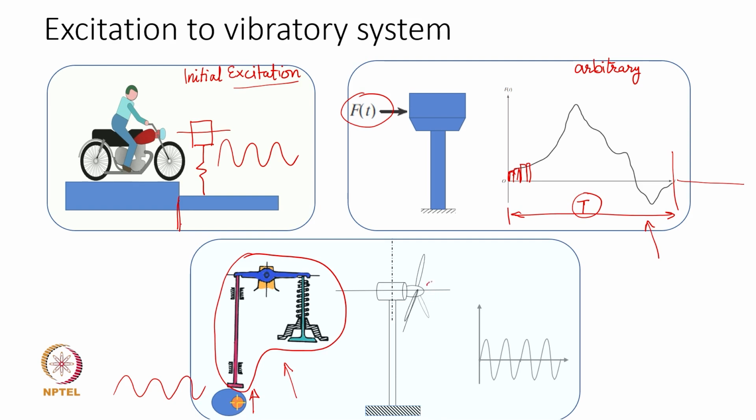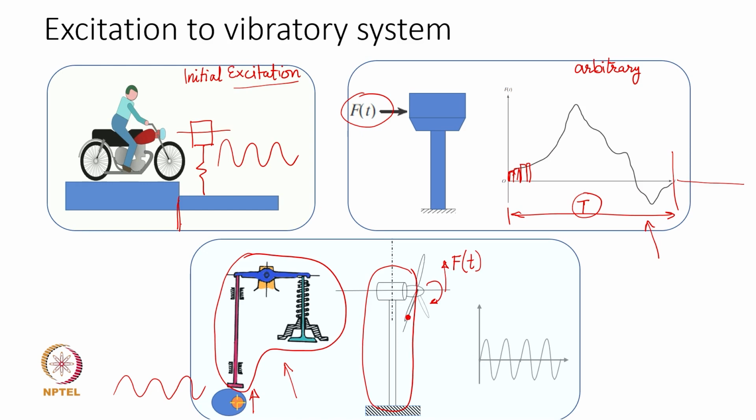Similarly, we considered the case of a wind turbine nacelle rotor, wherein the rotation of these blades generates again excitation which is sustained, and in this particular case will be in the form of a harmonic excitation because of the residual unbalance in the blade system. So, such a vibratory system, when it is subjected to excitation force or excitation displacement, which is time varying and sustained, we need to now look at how the response to such excitation of a simple vibratory system can be estimated or found.